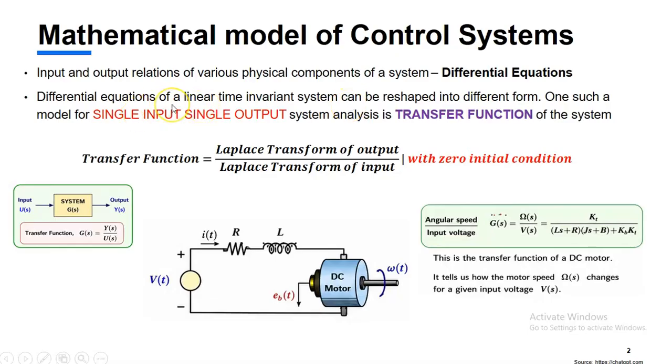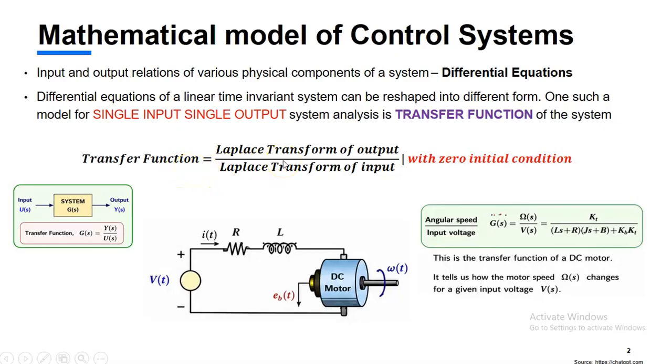Now the differential equations of a linear time invariant system are considered, and we are going to reshape them into a different form so that we will get a transfer function. We are assuming the system is given a single input and produces a single output. We are introducing a new term called the transfer function.